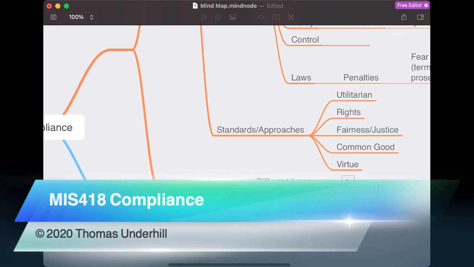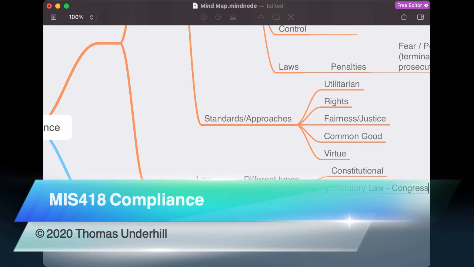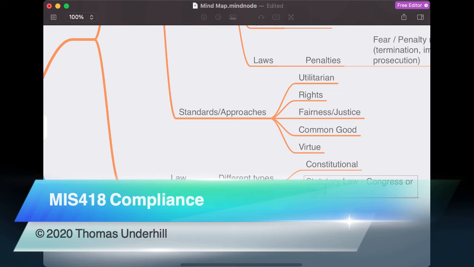We're not going to have time to cover all of them here, so I'm just going to mention them and tell you a little bit about each one. Constitutional law has to do with what the Constitution explicitly spells out, or a state constitution. Statutory law is what Congress or a state legislature creates.